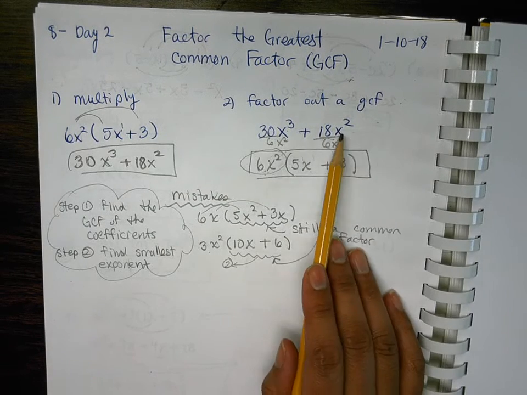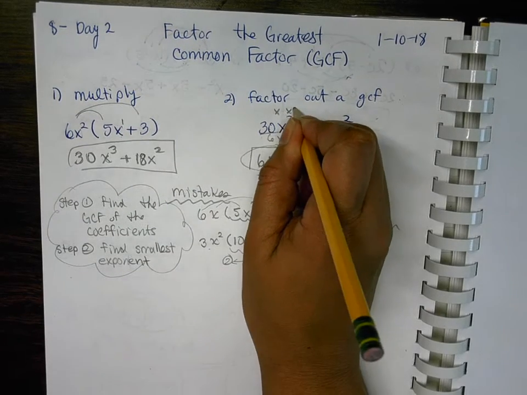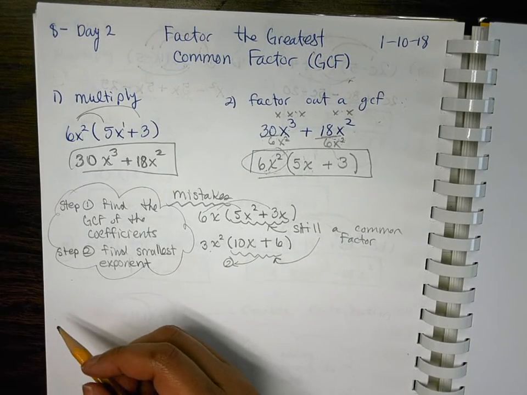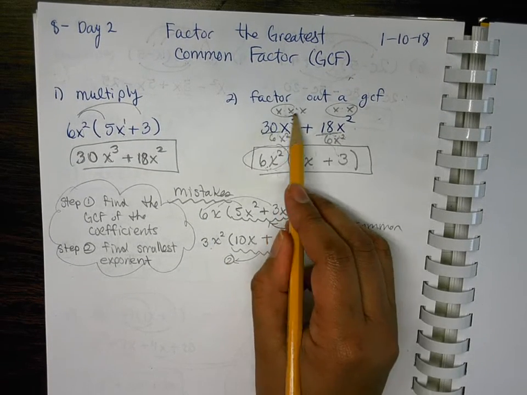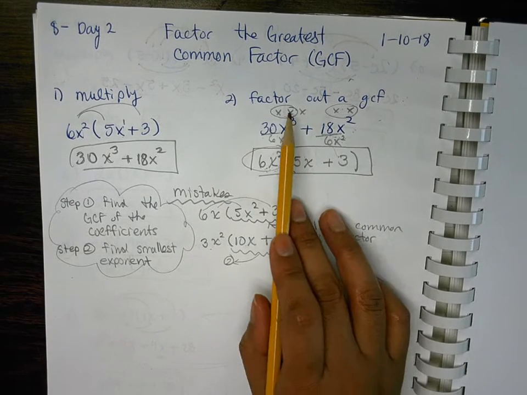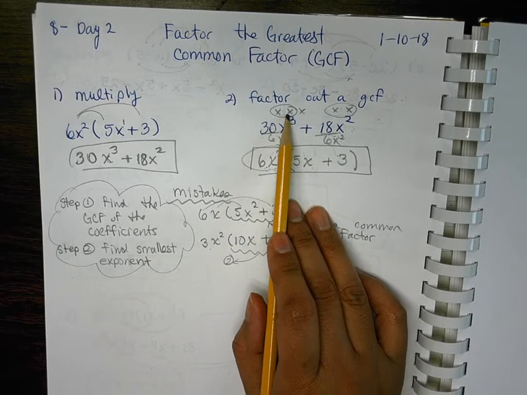Do you agree if there's 3 x's here and 2 of them here, how many do they have in common? There's 3 here, there's 2 here. How many do they have in common? 2. So the smaller exponent will always be the greatest amount that they have in common. Does that make sense? Yeah. All right, so let's try one.